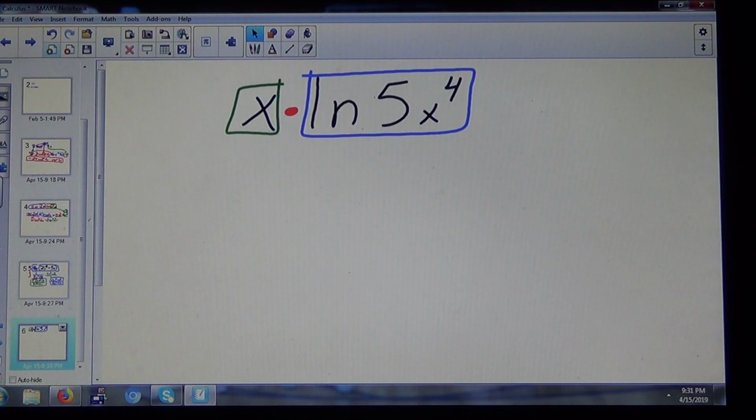Okay, and those are two things that we're multiplying together, so product rule.